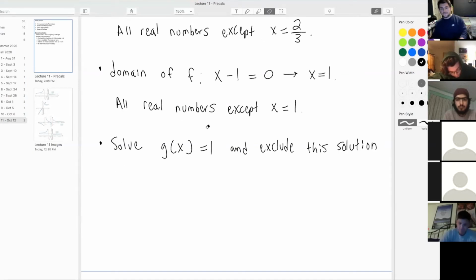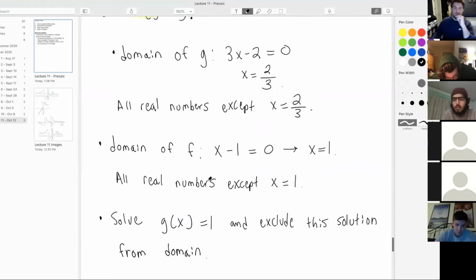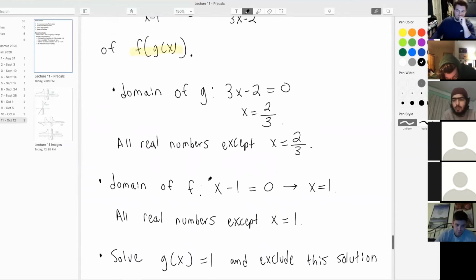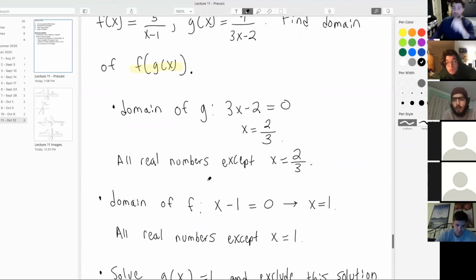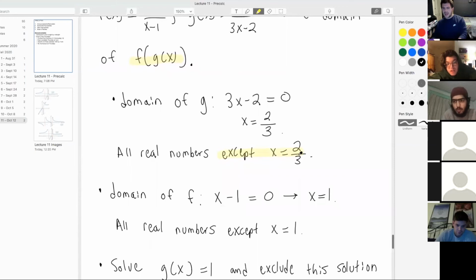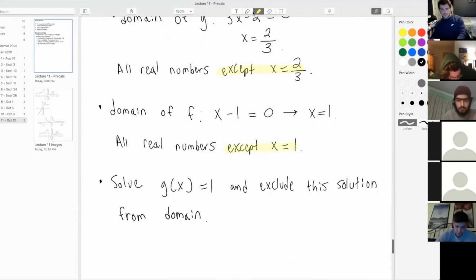Because there are restrictions on the other two functions for the domain, other than those two exceptions. We have a restriction here, we can't be 2 over 3, and we have a restriction here, we can't be 1.